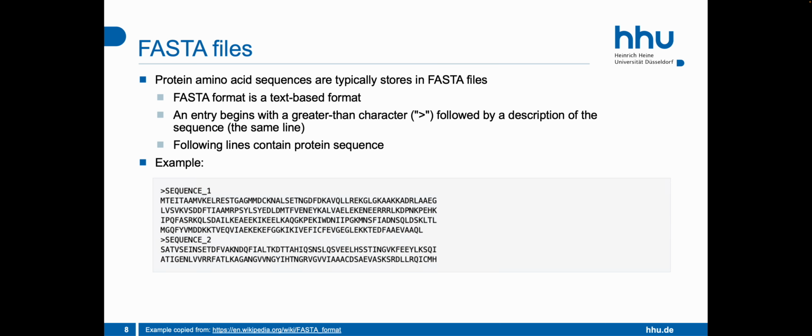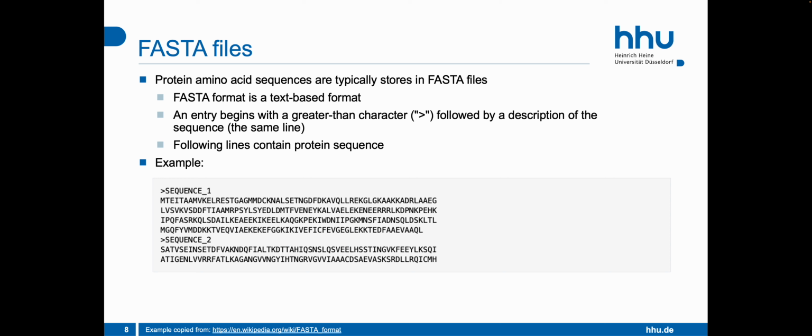We can store protein amino acid sequences in FASTA files. The FASTA format is a text-based format, which means you can open and edit it with any text editor. Each entry in a FASTA file starts with a greater than character, followed by a description of the protein in the same line. In this example, on the slide, you can see that it simply says sequence 1 for your first entry and sequence 2 for the second entry.